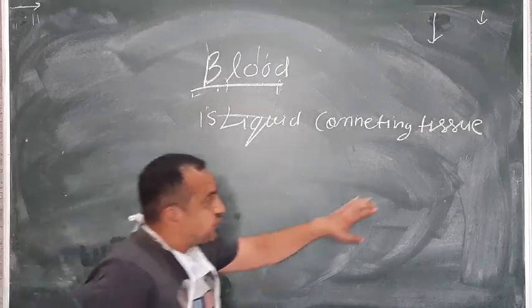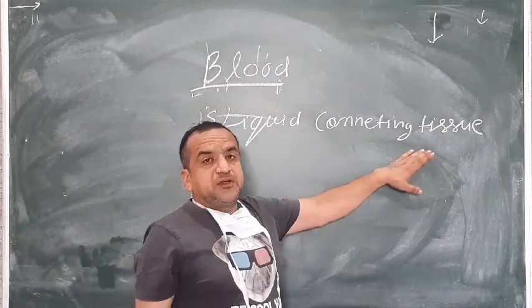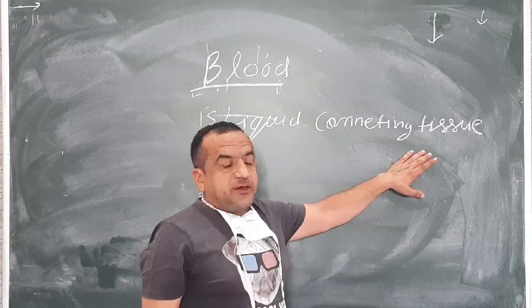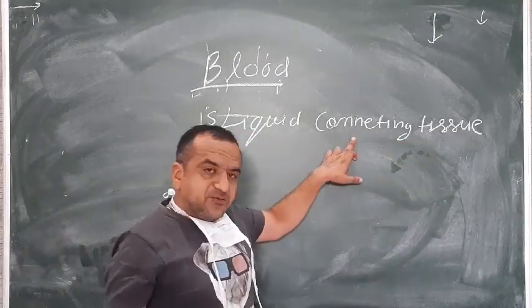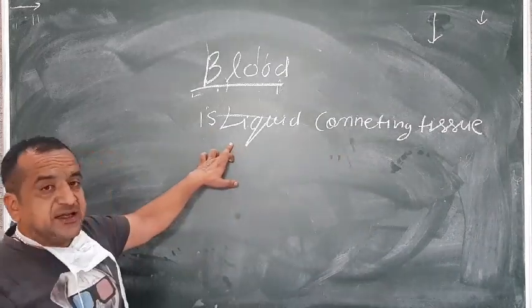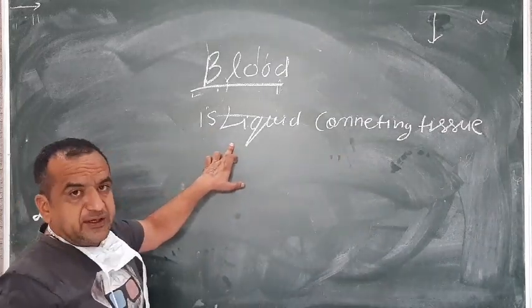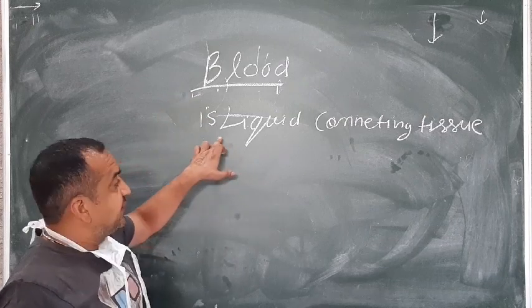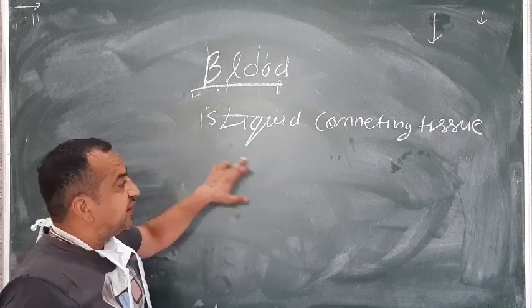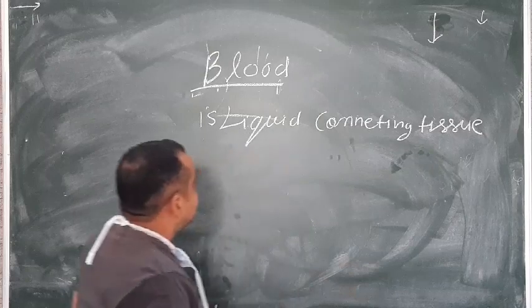We know a tissue is a group of many cells, and connecting means it can connect to something else, and liquid means it is not a solid and not a gas. So blood is known as liquid connecting tissue.